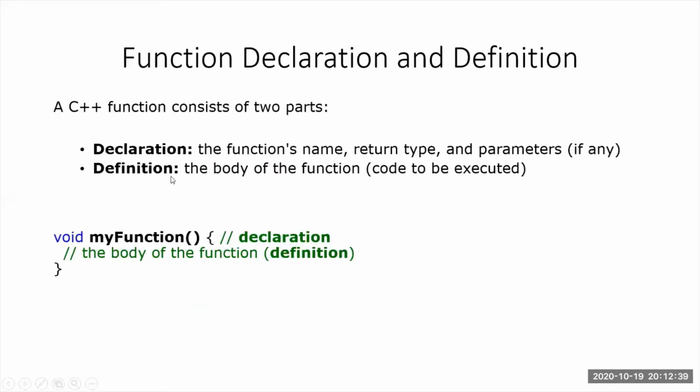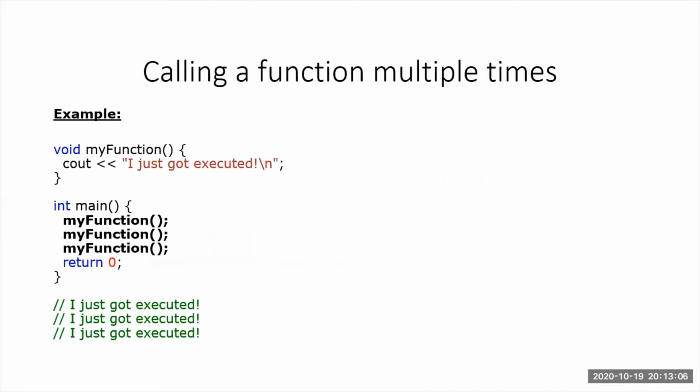So then we get to the definition, the body of the function. This is where, inside the function, between these opening and closing curly braces, you build the code. So all this time you have been writing your code inside int main for the past 2 assignments, right? Instead of writing all this code inside the main function, you can create a function that does exactly the same solution. Like you can call it void solution, and then all you have to do is just call the solution inside the main.